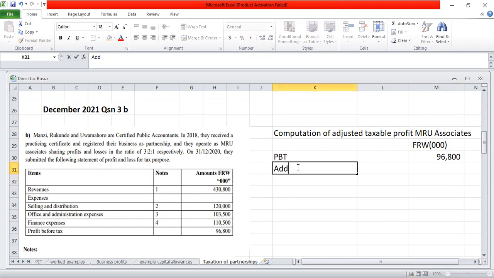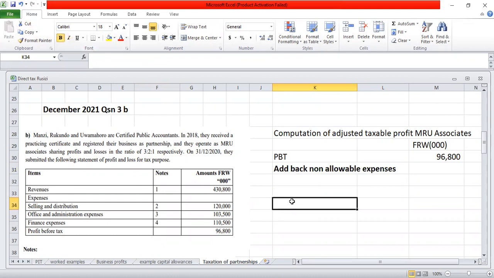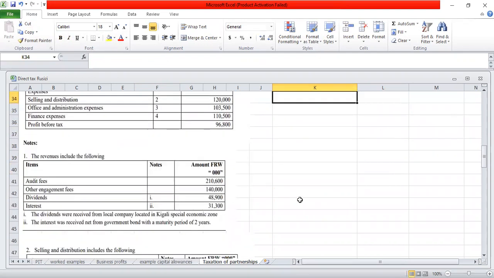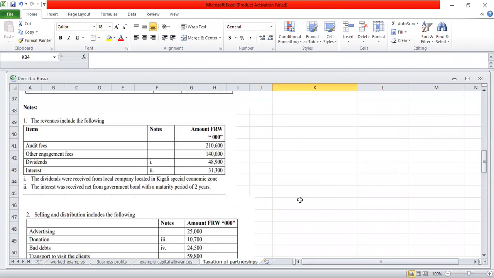Then we are going to add back non-allowable expenses. So what I need is to check all my expenses and identify those expenses that are not allowed. So I can begin with the first one, selling and distribution, not number two. Others I will come back to them.